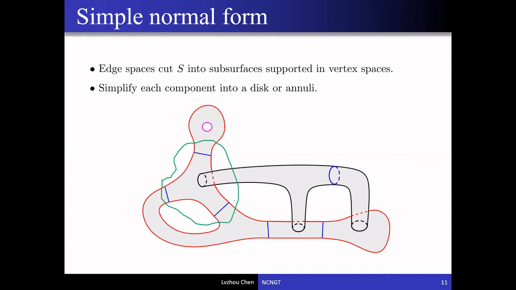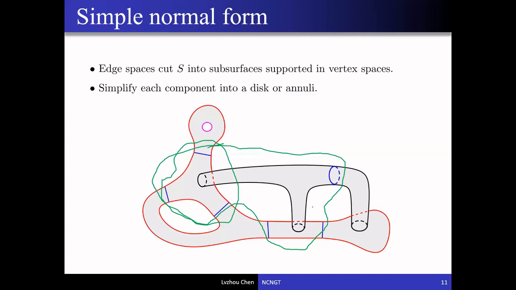If it is contained in a more complicated component, like the one that we look at, for example, the one in the middle, this component has two polygonal boundary components, one on the left and one at the bottom, and also has an actual boundary, which is a loop boundary.